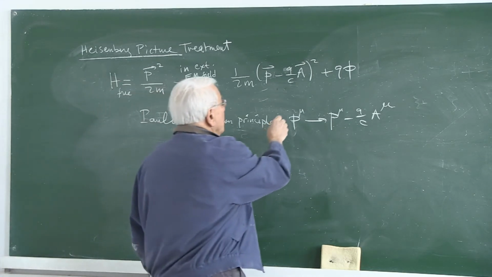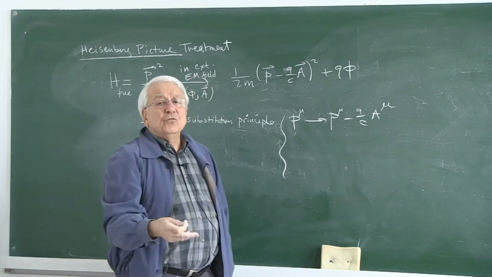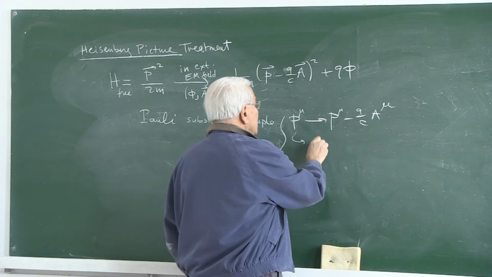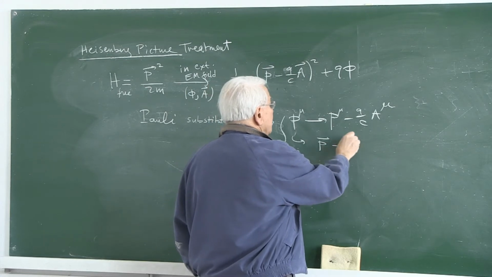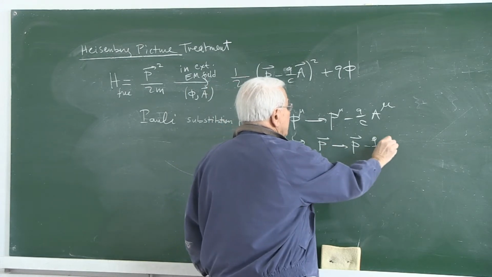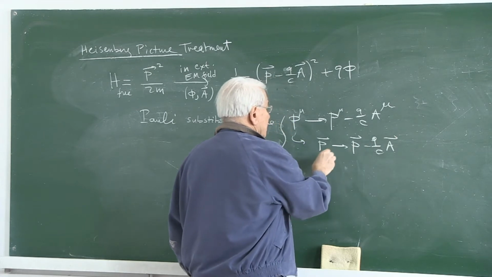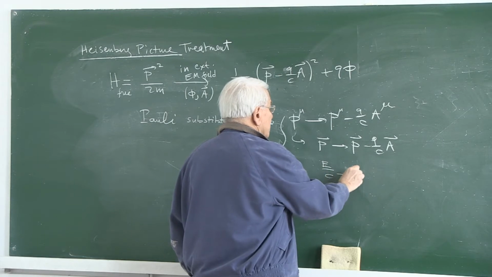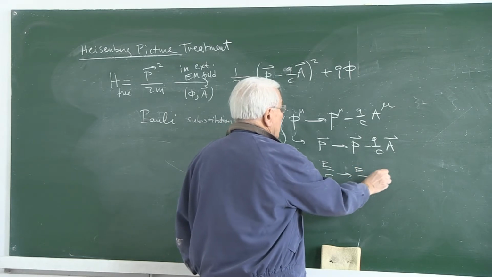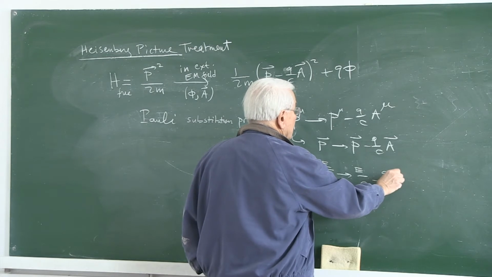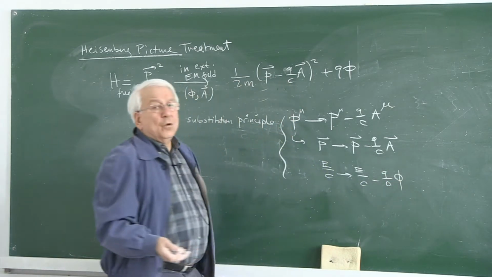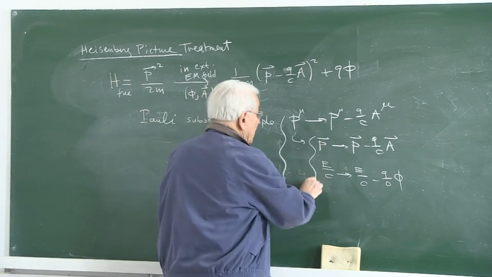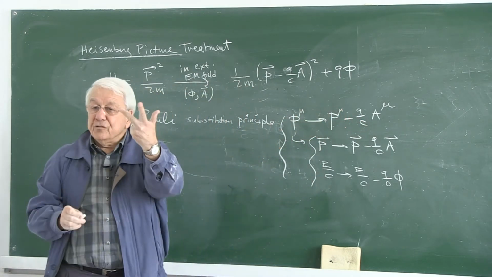But if I write it in components, because we are still in the realm of non-relativistic quantum mechanics, what Mr. Pauli means is that p is replaced by p minus q/c A, and the zeroth component, p0, which is E/c, is replaced by E/c minus q/c times the zeroth component of A, which is φ. So these two together are the information contained in this four-dimensional language.